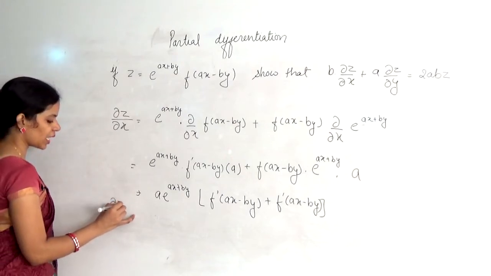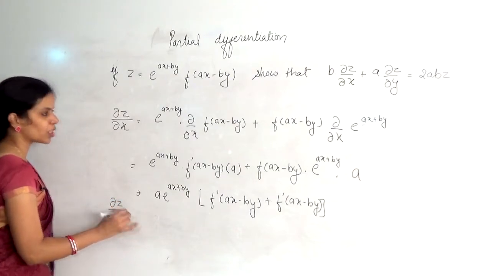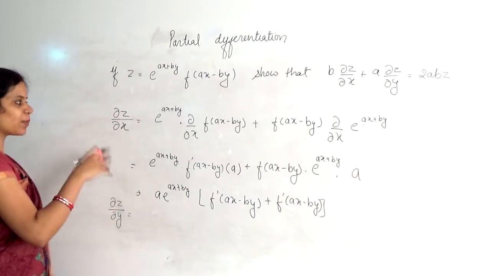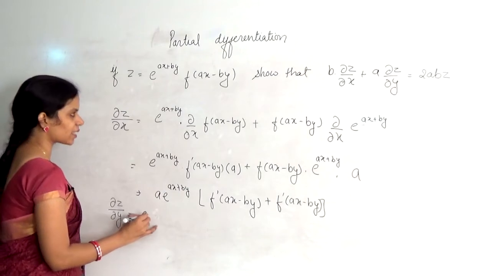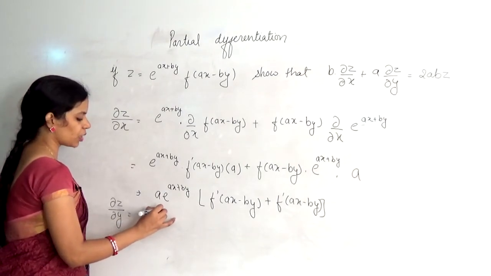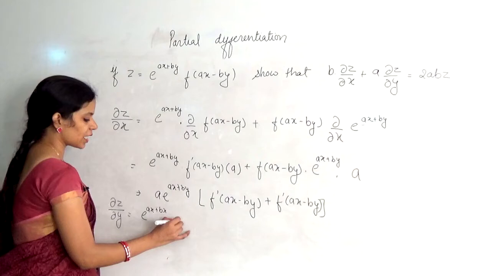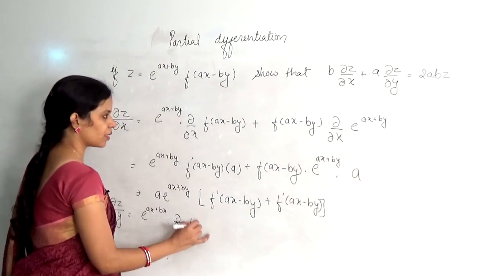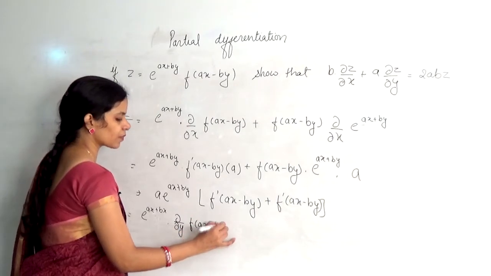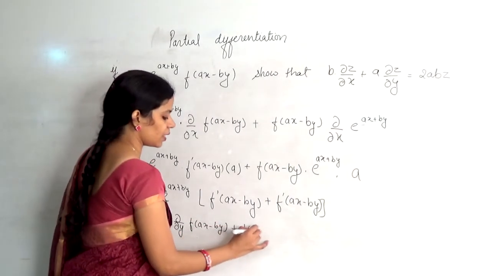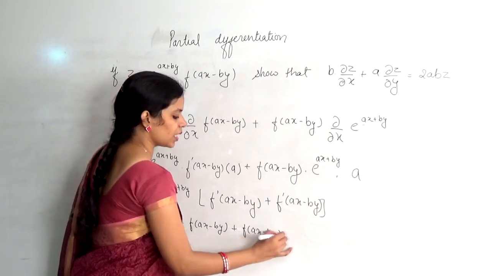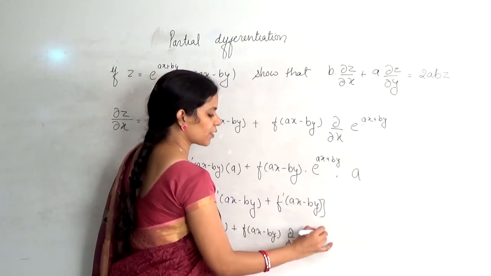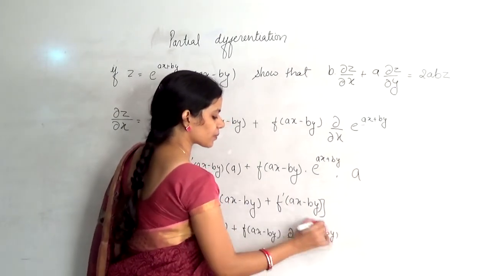Again we have to find ∂z/∂y. By the same method, we find ∂z/∂y by keeping x constant: e to the power ax plus by into ∂/∂y of f(ax minus by), plus f(ax minus by) into ∂/∂y of e to the power ax plus by.